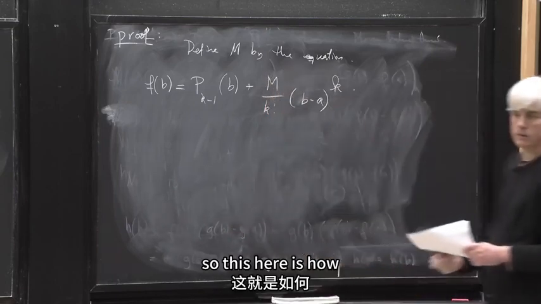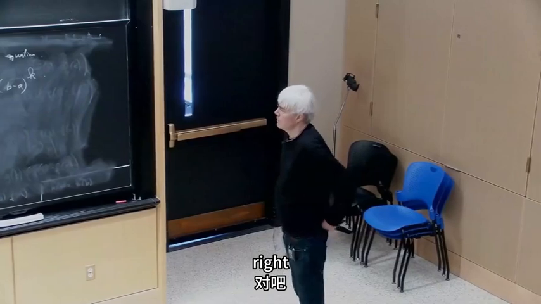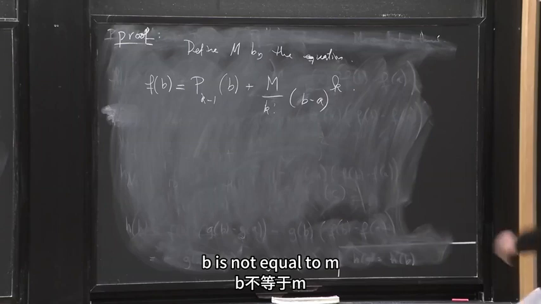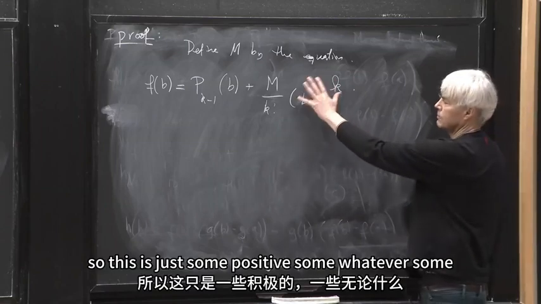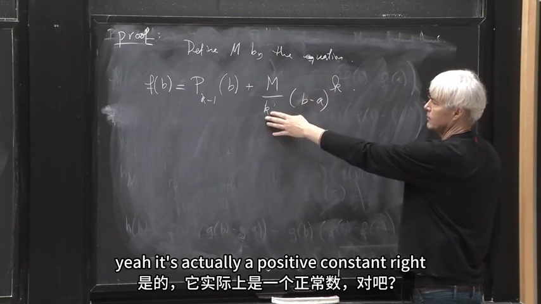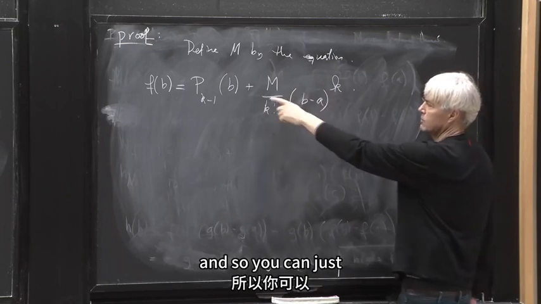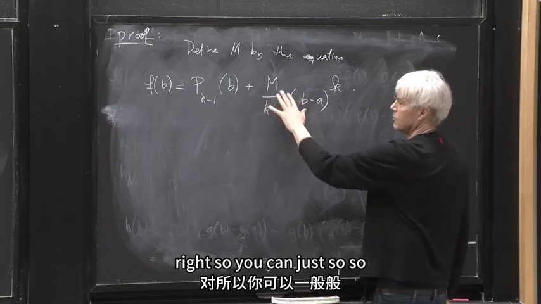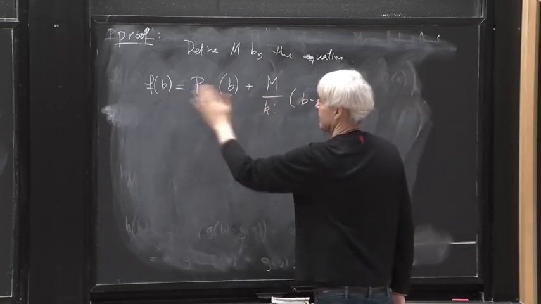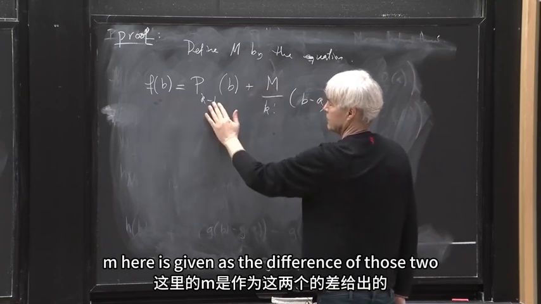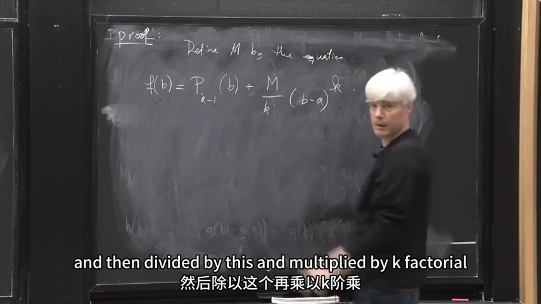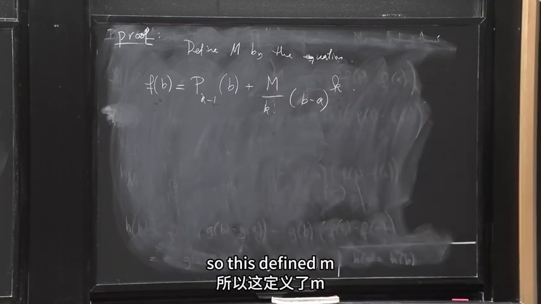So this is how m is defined. It's some positive constant. m here is given as the difference of those two, divided by this and multiplied by k factorial. So this defines m.